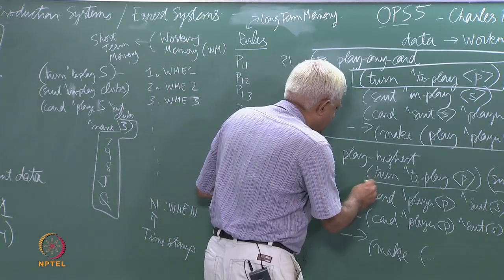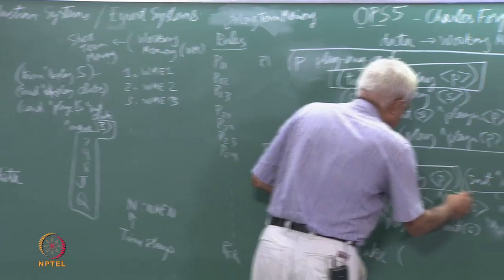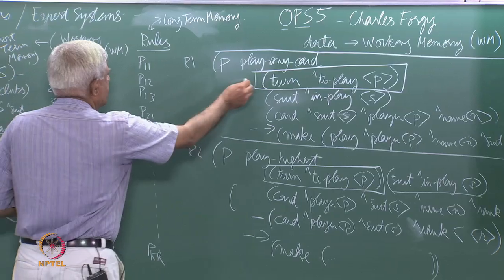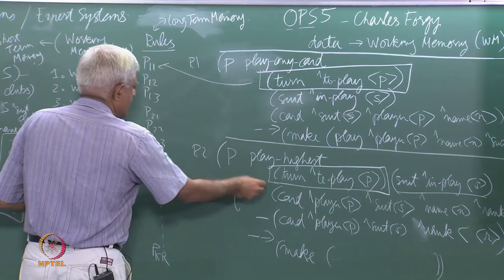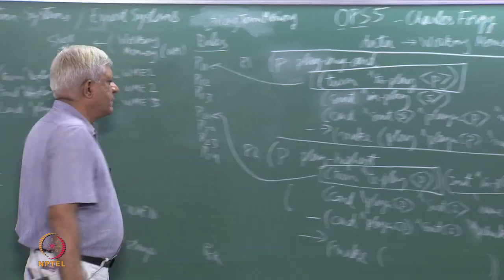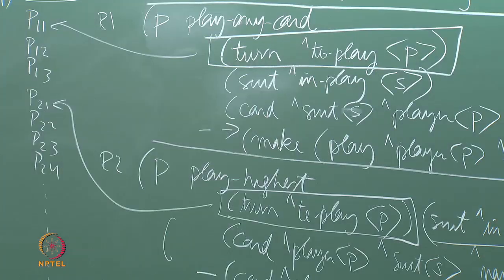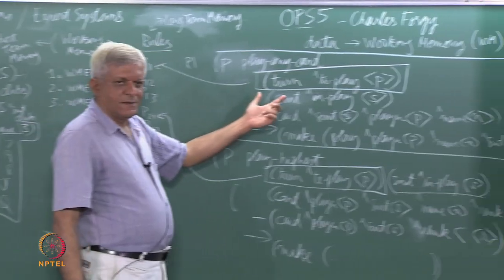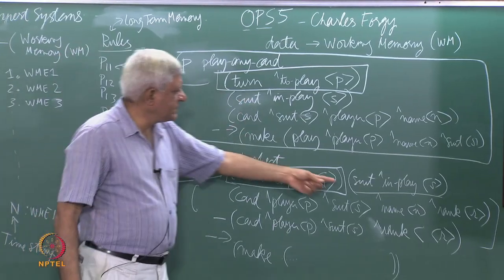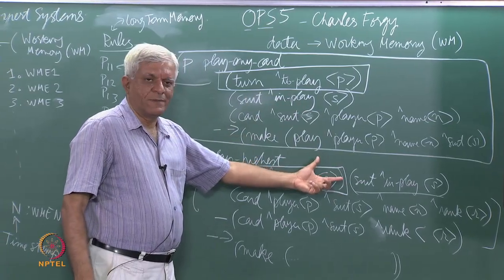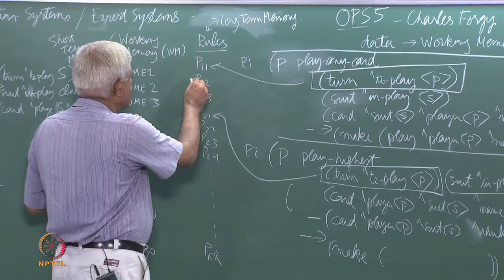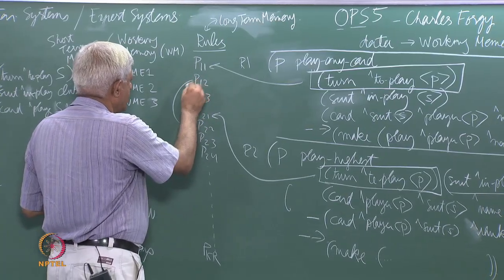This rule also has the same pattern. So, this one could be here, for example, and this one could be here. Likewise, as you can see, the second pattern is also the same, suit in play S, suit in play S. So, this and this are the same.